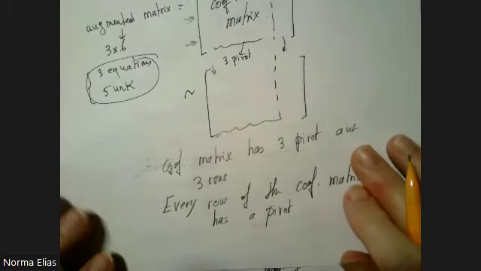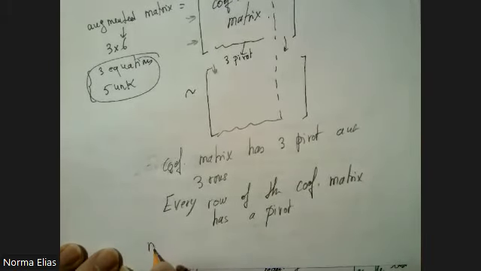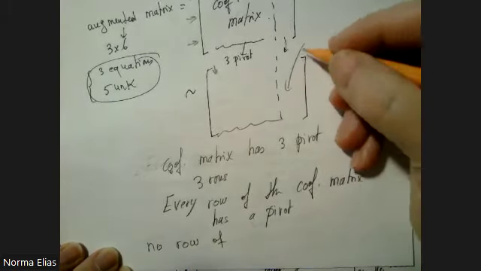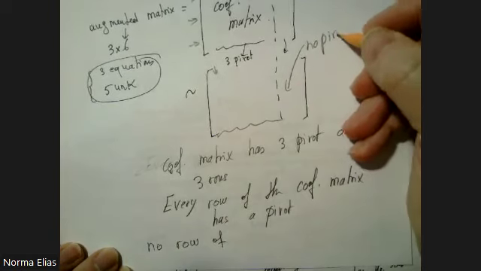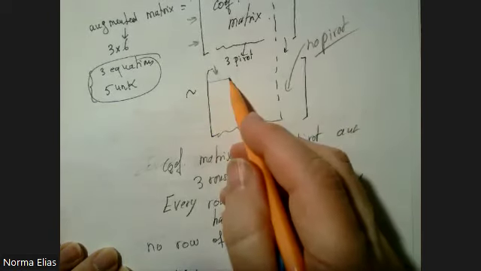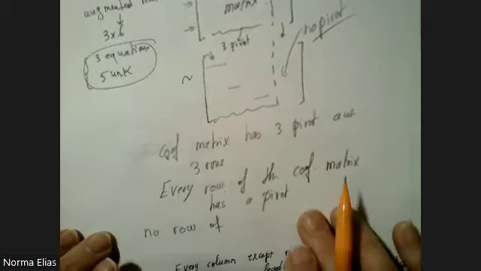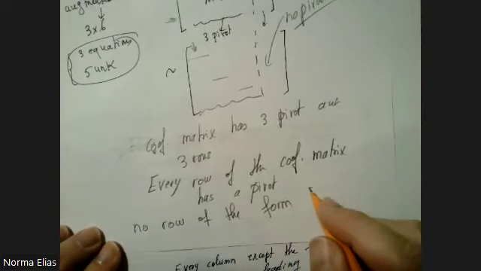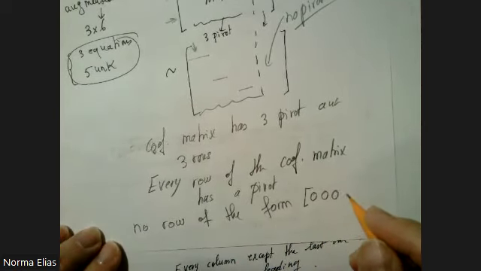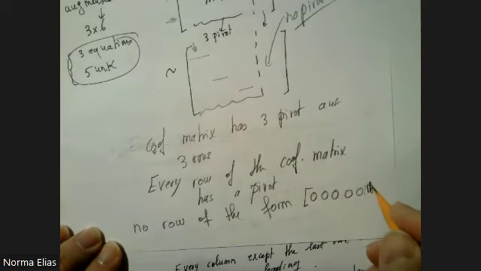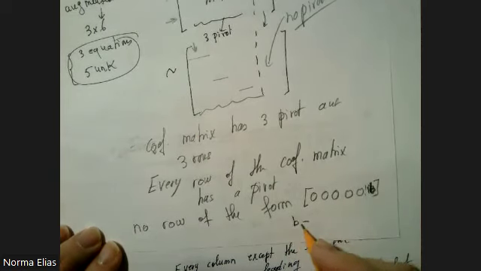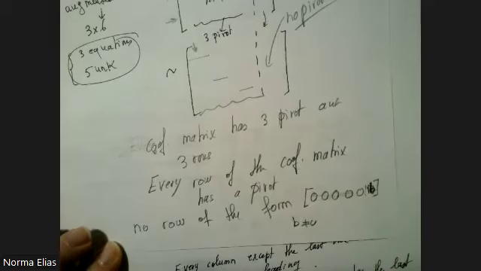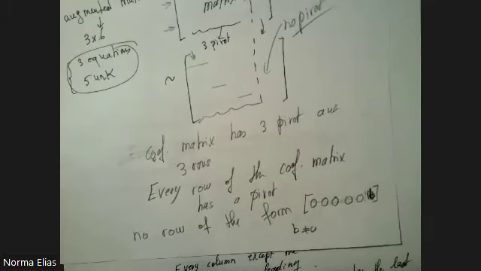So as your classmate rightfully said, there is no row of the form 0, 0, 0, 0, 0 | b with b non-zero, because there is no way we can have a pivot missing in the last row. This row is going to have a leading entry. So b cannot be non-zero in such a row.